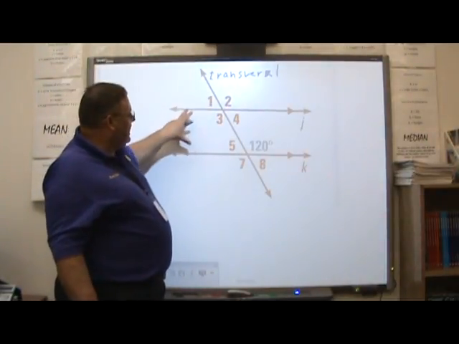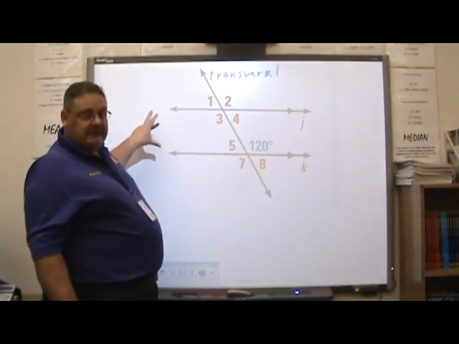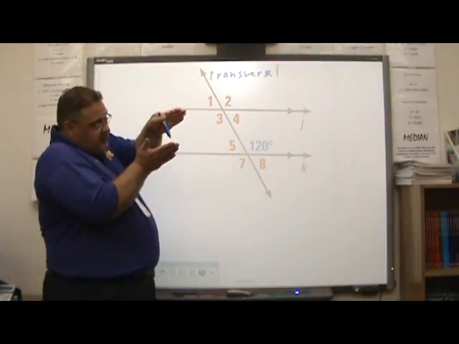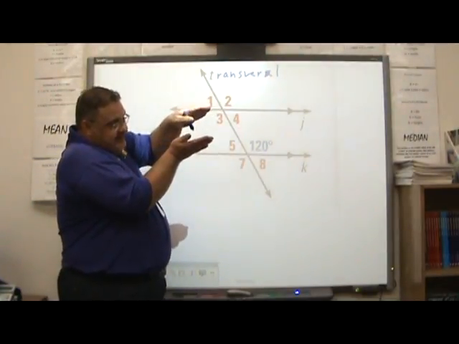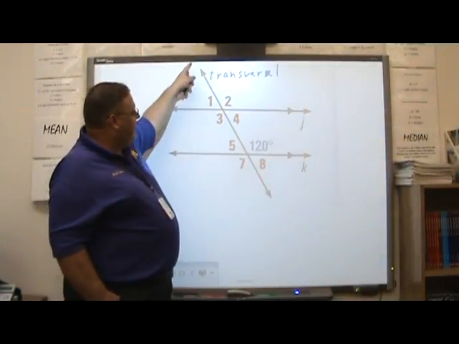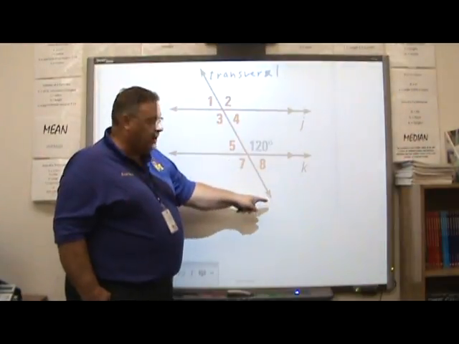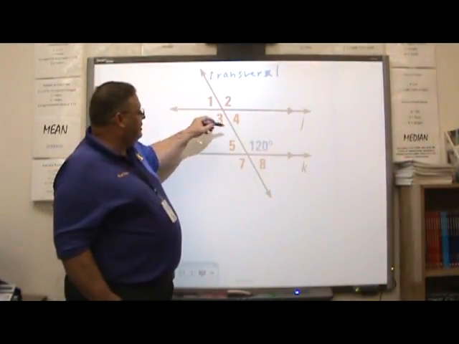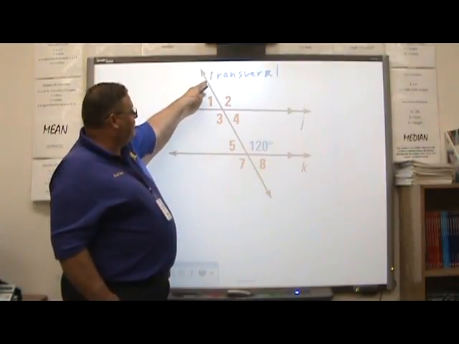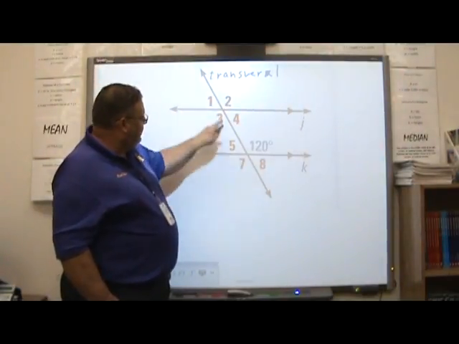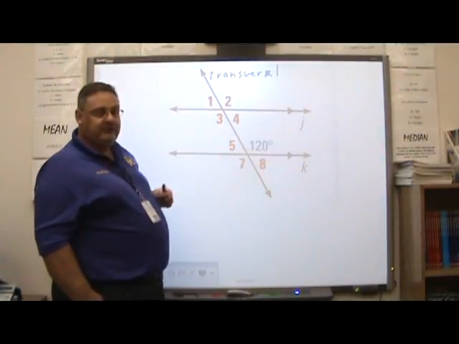So if these two lines never touch, then they'll have the same slope, because if they were changing at any difference at all, they would eventually run into each other. So if these have the same slope, and both of them are cut by a line that never changes, then although I may not know the angles, I do know that when it cuts here, it's going to cut the same angle the same way down here.